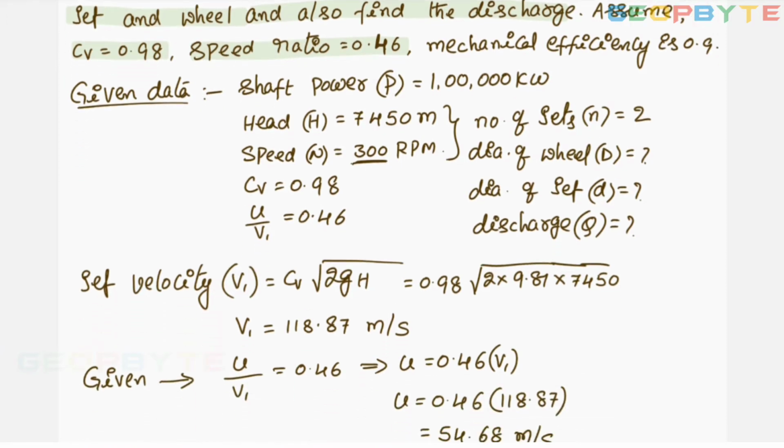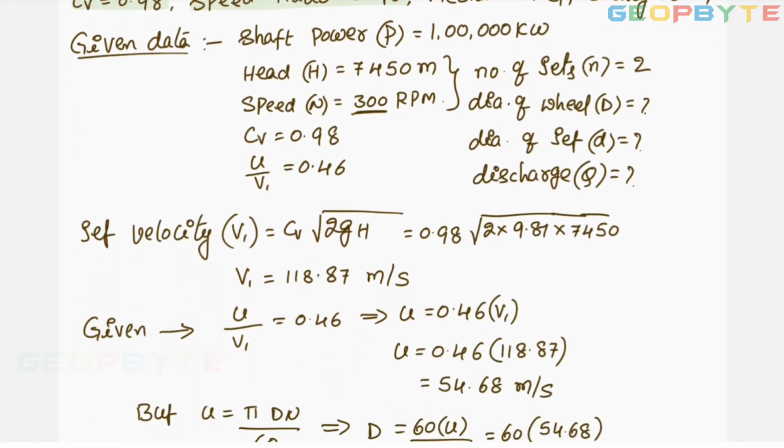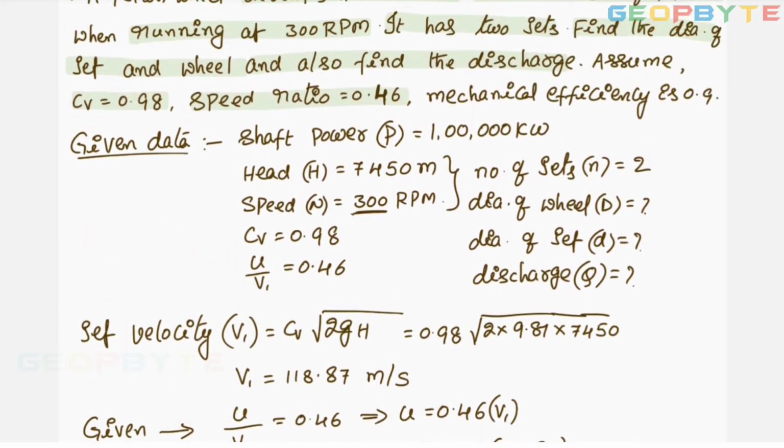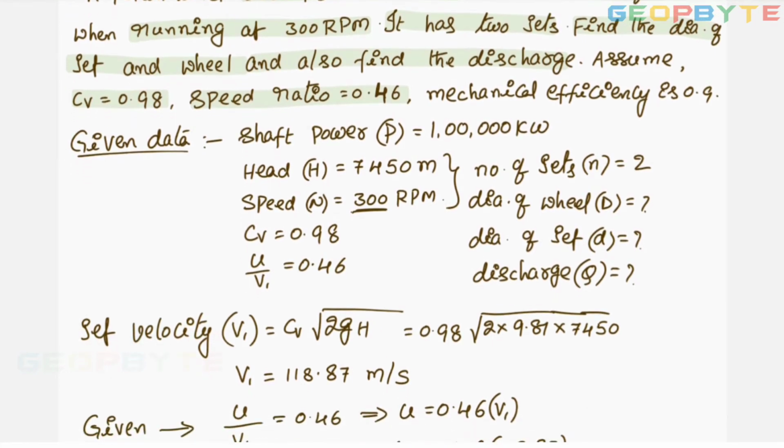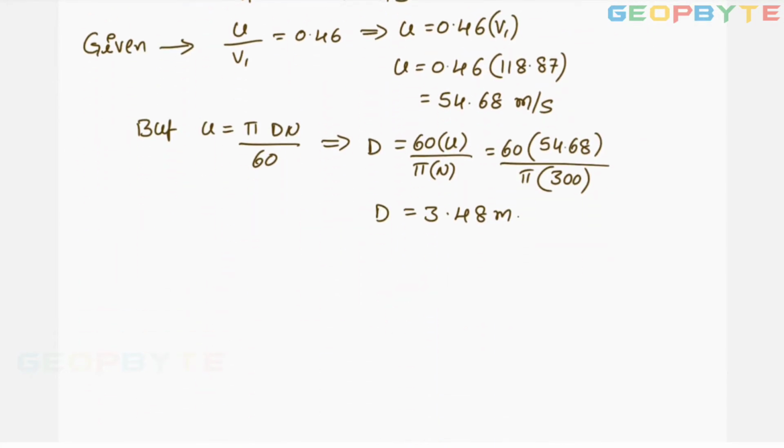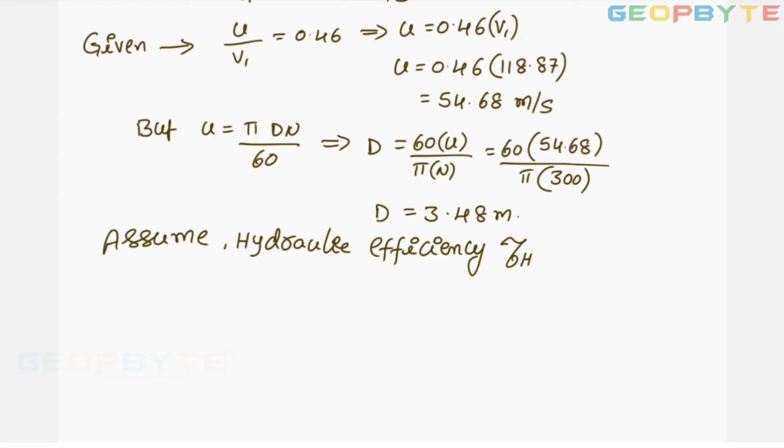Now for finding the hydraulic efficiency, I need to know the VW1, VW2, but blade exit angle or the water deflection angle is not given. Assume hydraulic efficiency equal to 100%.